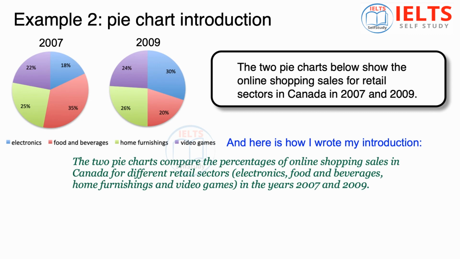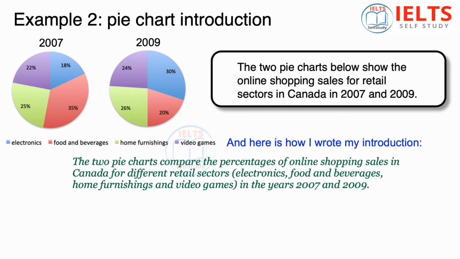The two pie charts compare the percentages of online shopping sales in Canada for different retail sectors: electronics, food and beverages, home furnishings, and video games in the years 2007 and 2009.